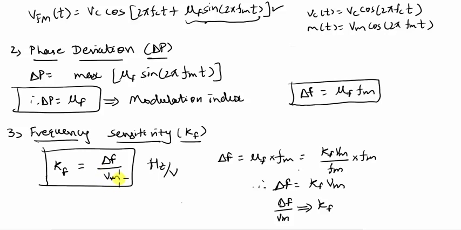So it is very obvious that if you increase the maximum amplitude of the modulating signal, to achieve the same value of frequency sensitivity, you will have to increase the value of delta f also.